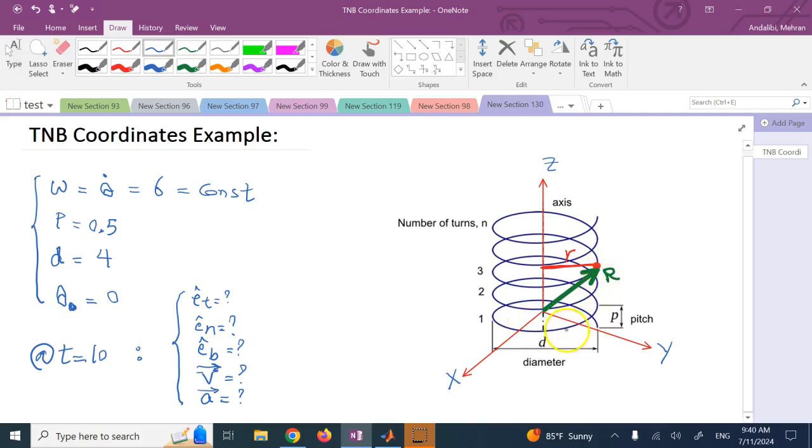So here we have a helix with the diameter d and with the pitch of p, and there is a particle here in red that is moving on this helix.